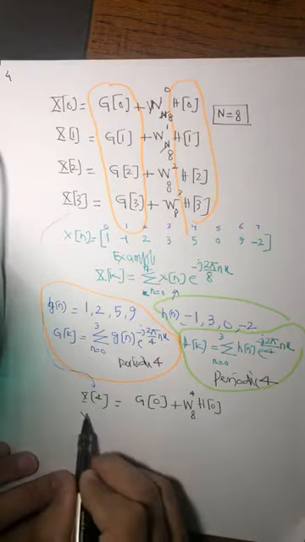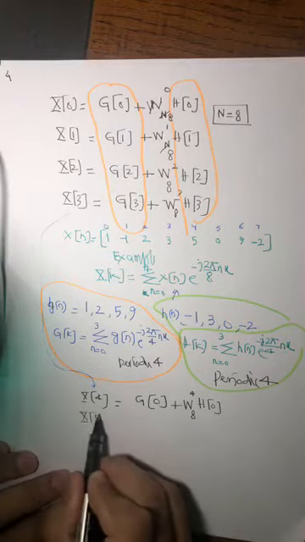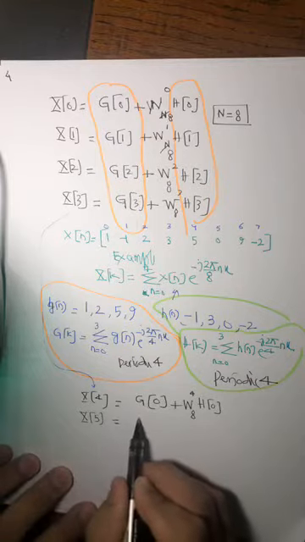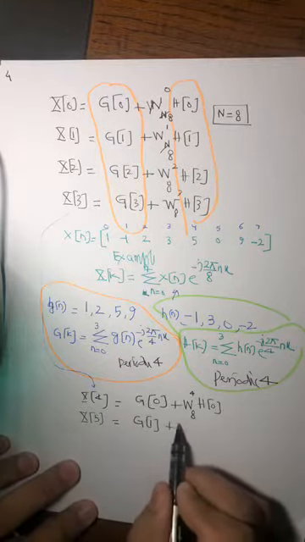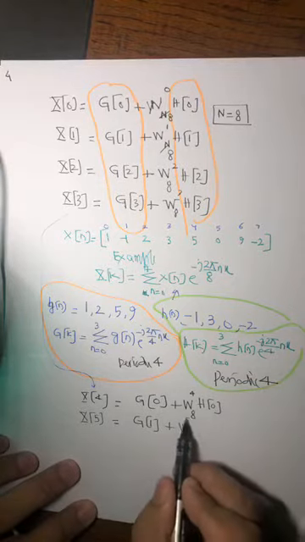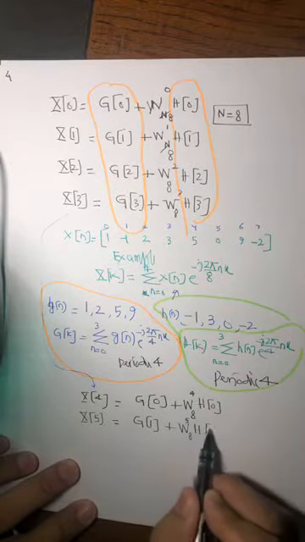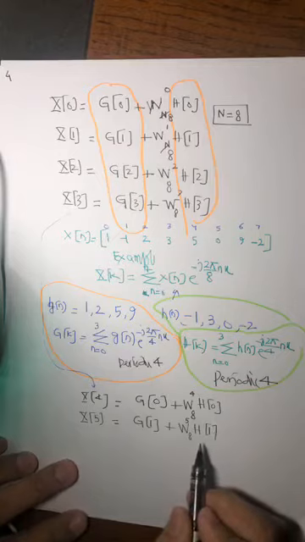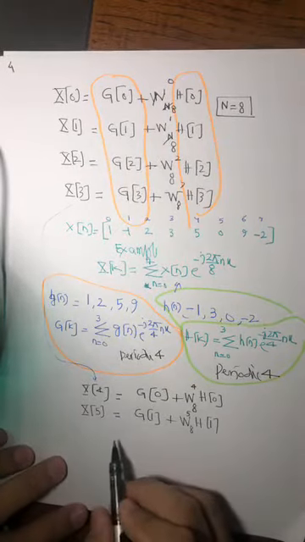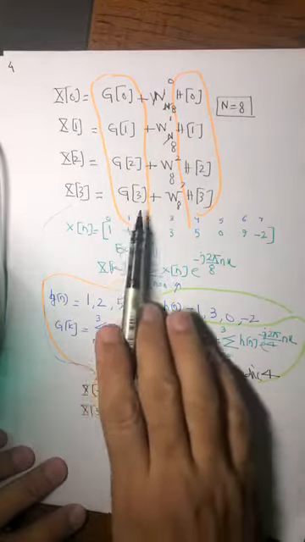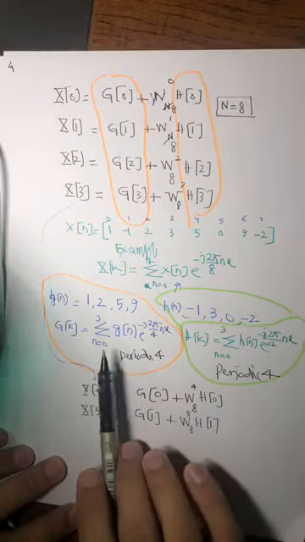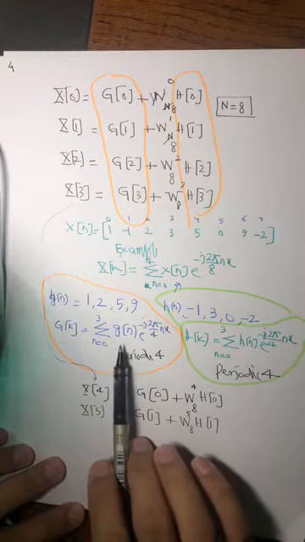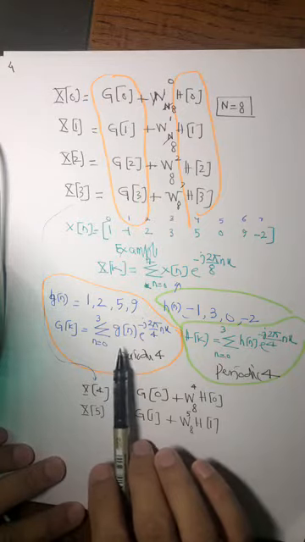Similarly, you have X of 5, and you use G of 1, which you have already calculated, plus W8^5 H of 1. Again you save. So you see the savings you are getting by a simple split, using the fact that the DFT is periodic over 2 pi and periodic over N.